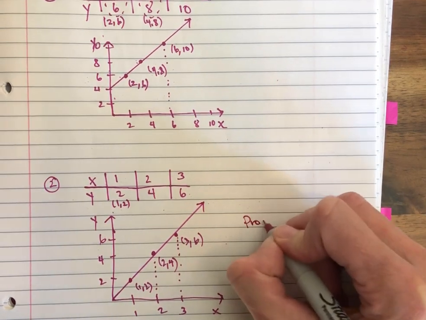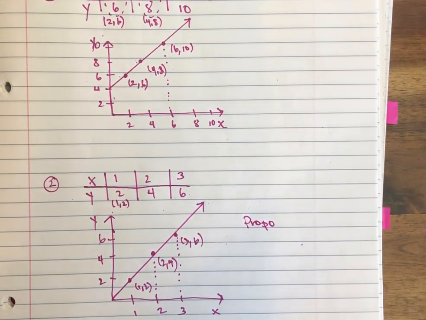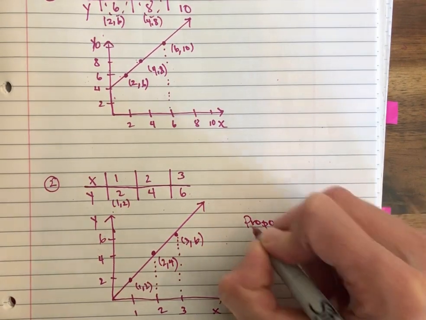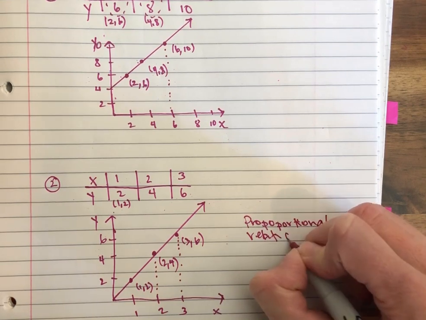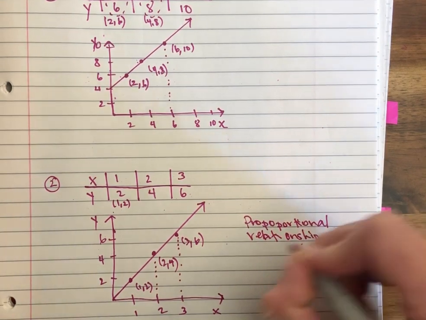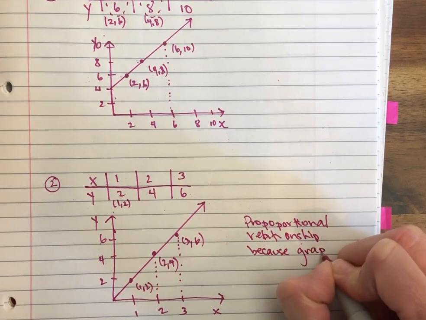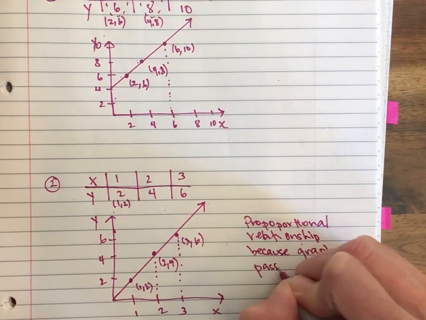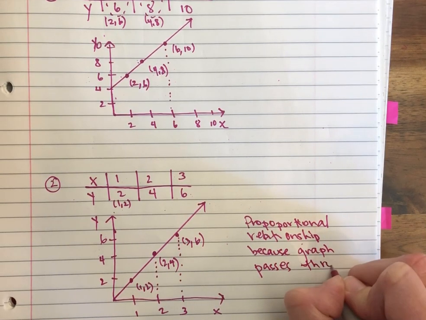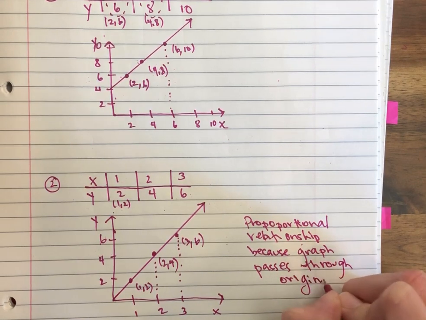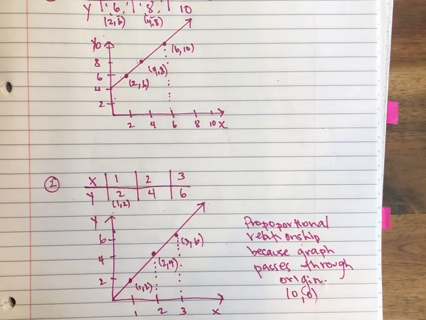So this is proportional, or you can be even more eloquent and say X and Y are in a proportional relationship because the graph passes through the origin. Remember, the origin is just the fancy name for 0, 0.